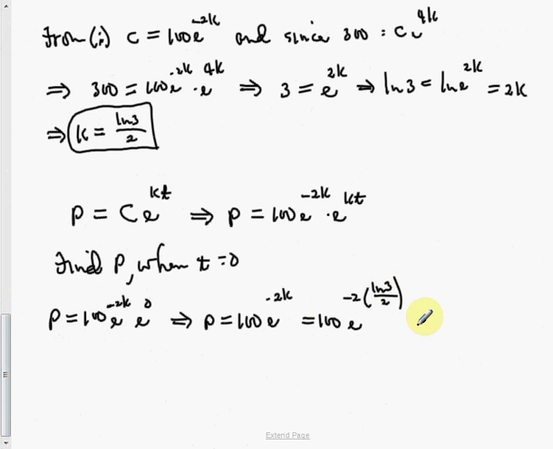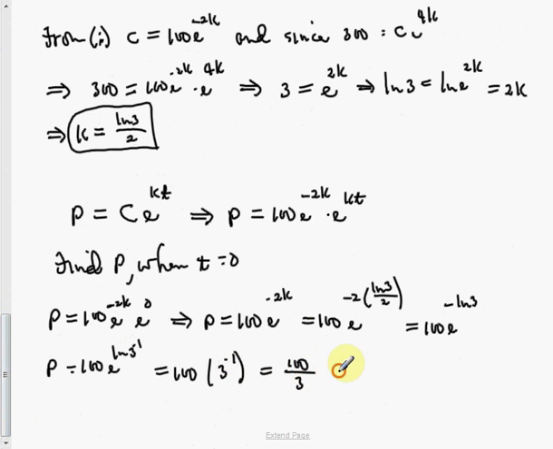The 2's cancel out. I have 100 times e to the negative natural log of 3. So P is equal to 100 times e to the natural log of 3 to the negative first power, right? We can move the negative as the exponent. And so e to the natural log, they cancel out. So this is 100 times 3 to the negative 1. That is just 100 all over 3.